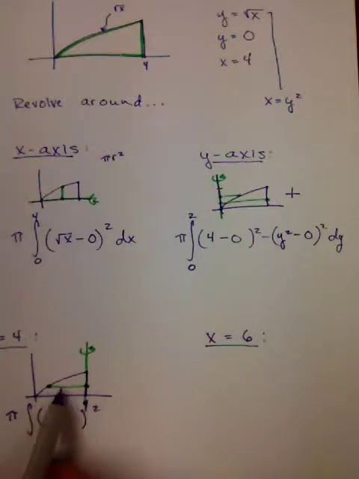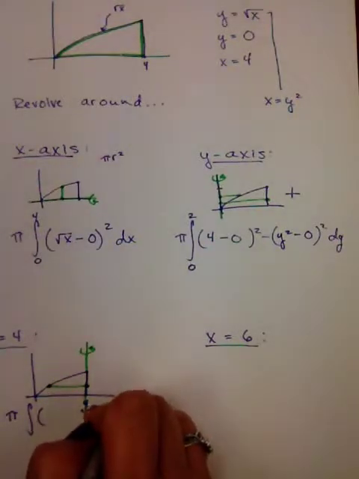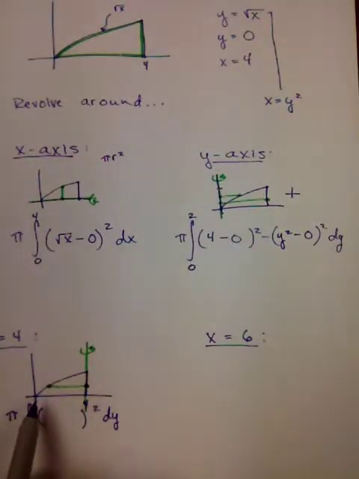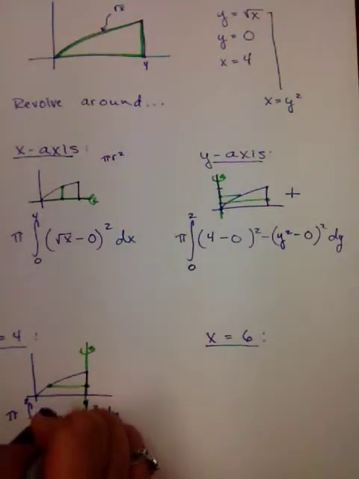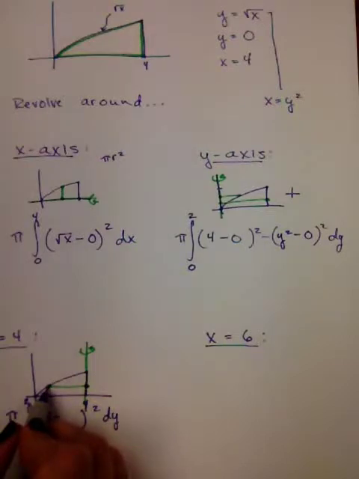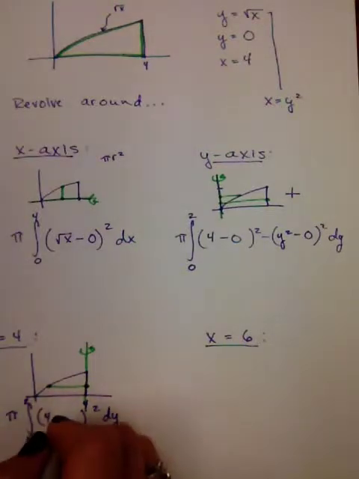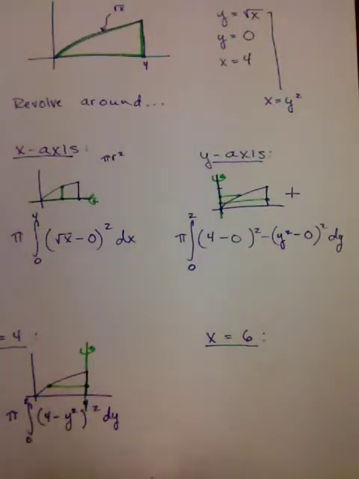My radius is perpendicular to the y-axis, so this is a dy problem, which means we're integrating from our y values 0 to 2. I have one radius, so I look at the right-hand side and it's touching x equals 4. And the left-hand side is touching my function, but with respect to y, so minus y squared.